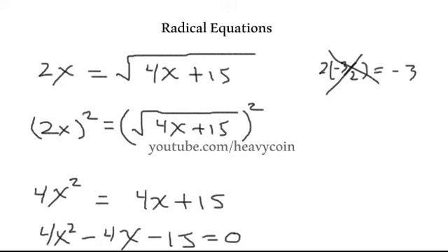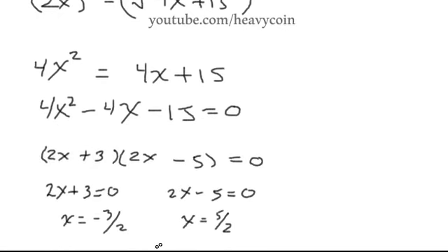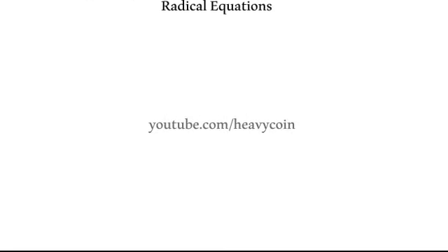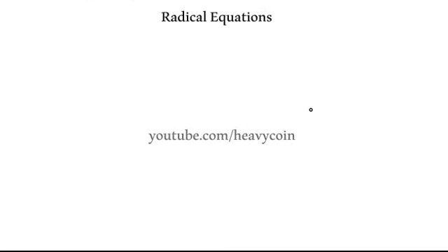So as you can see, this is not a solution, but this is. That's our only solution. So that's just kind of a reason why we need to definitely go back and check.